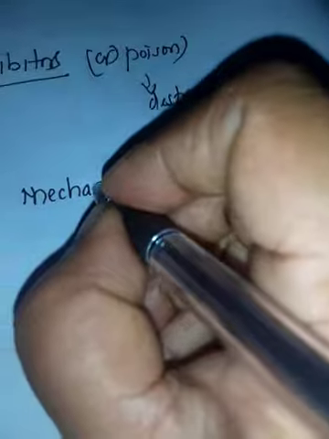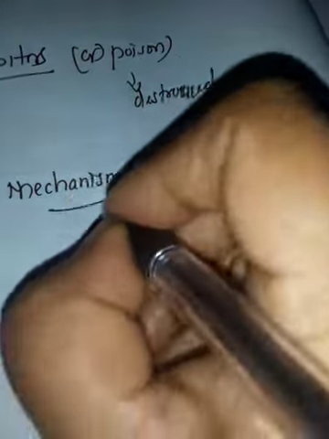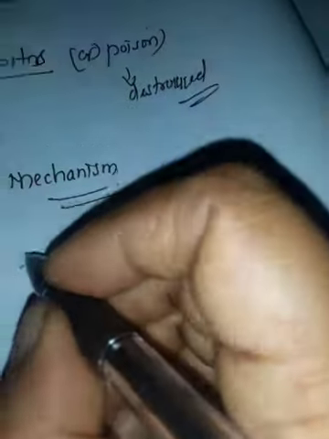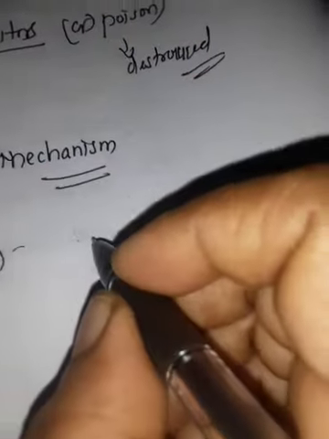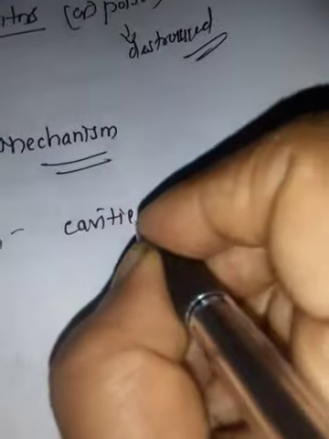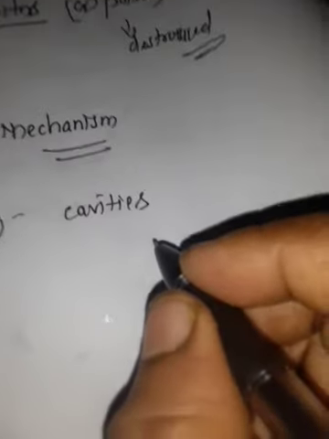So what is the mechanism of enzyme catalysis? How will you explain the mechanism? First, there are a number of cavities present on the surface of enzymes.